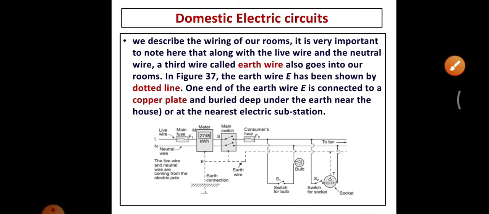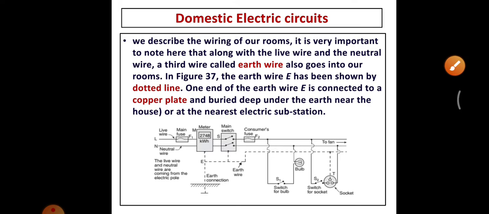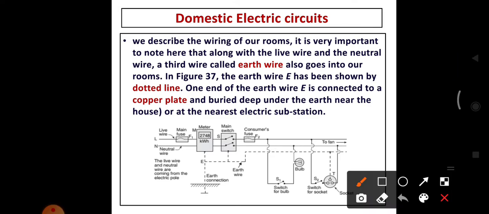The earth wire E has been shown in dotted lines. See here, the earth lines are shown in dotted lines. One end of the earth wire E is connected to a copper plate, and buried deep under the earth.